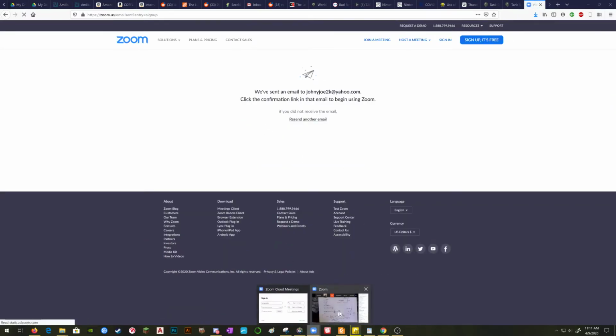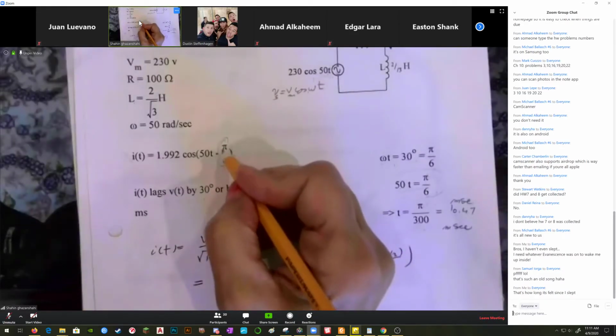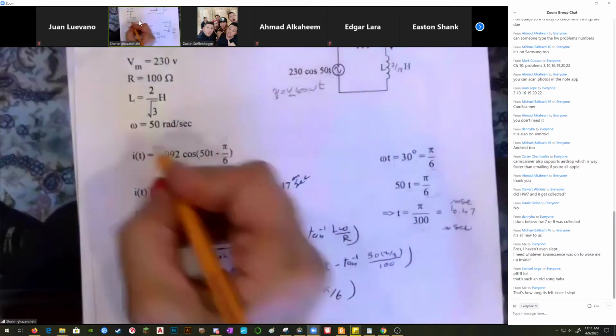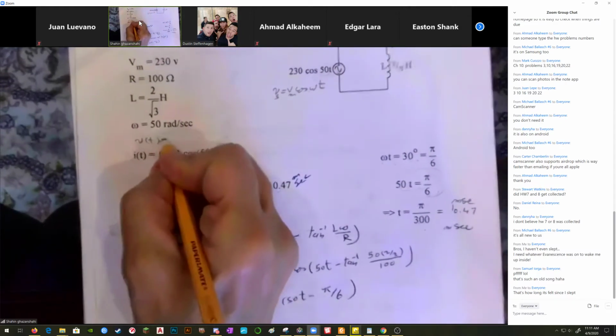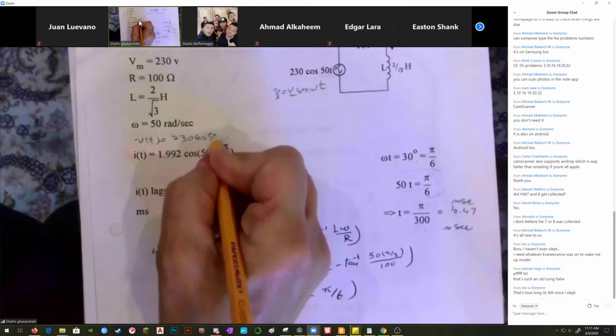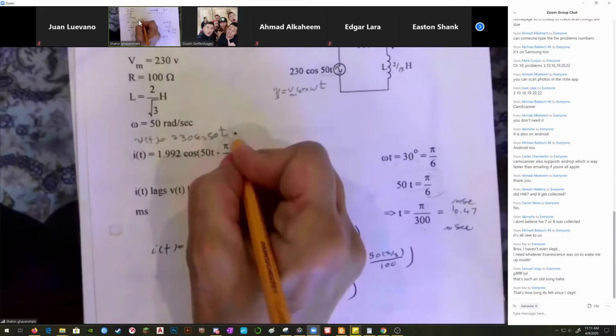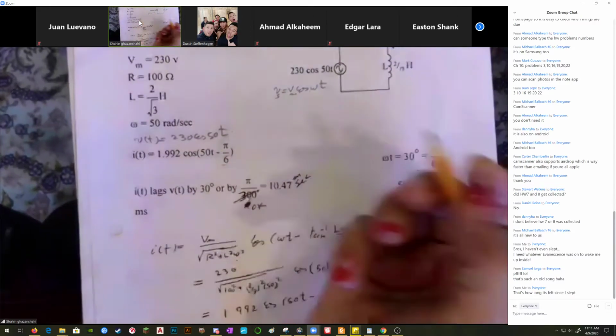How'd you get 30 degrees? Pi over 6, the angle difference. My voltage was Vm 230 cosine of 52. What is the phase angle here? 0. What is the phase angle here? Pi over 6.